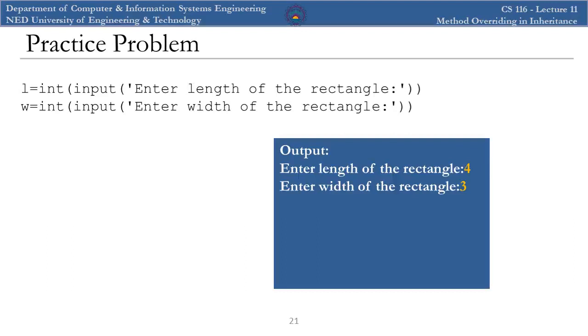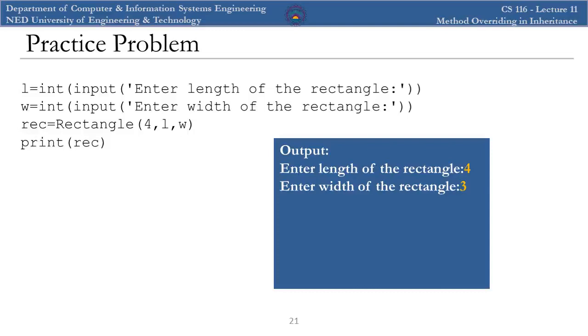Okay, once we have obtained these values for W and L, I can instantiate a rectangle object. So here's my object. For number of sides, I can set it to 4 because a rectangle has 4 sides, and then the two values L and W are the ones that I have just taken as input from the user. Okay, so the object is ready. We only have to print this.